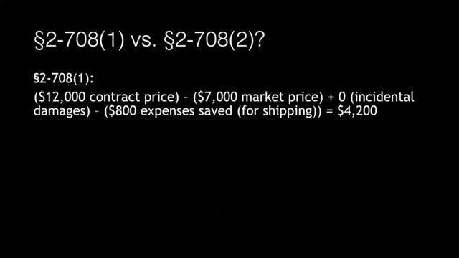For 2-708(1), we'd have the $12,000 contract price minus the $7,000 market price plus $0 for incidental damages minus $800 as the expenses saved for shipping, which equals $4,200. Note that this amount does not take into account the amount Smergo has incurred in expenses, his overhead, or the value of manufacturing materials.